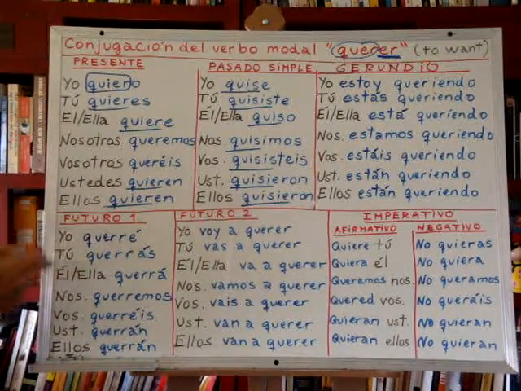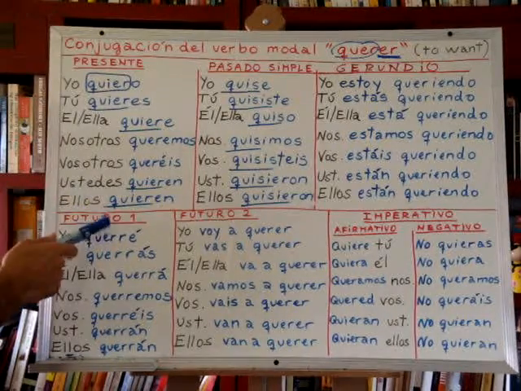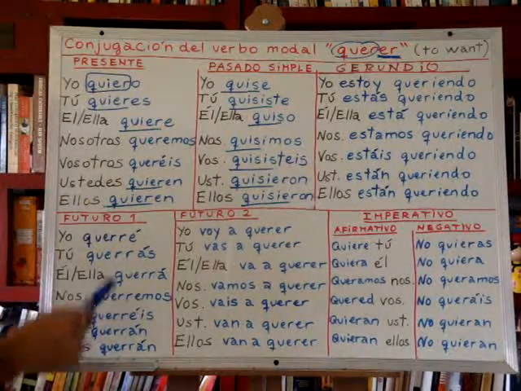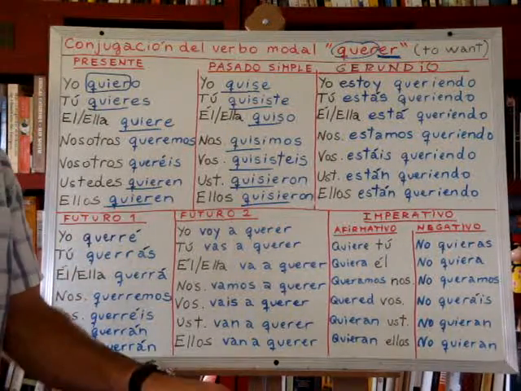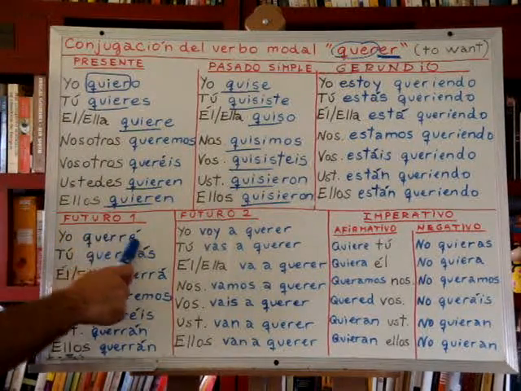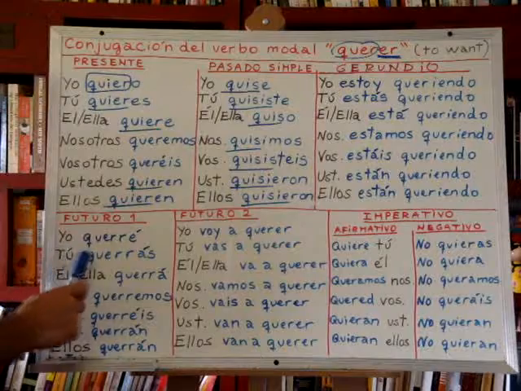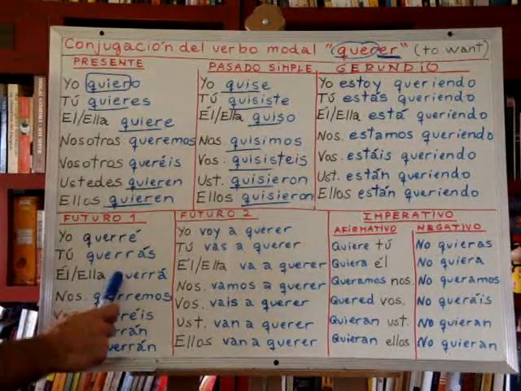And now we will see future number 1. Okay, this is a typical future tense in Spanish, right? And you will find this conjugation just called future, that's all, right? Yo querré. Tú querrás. Él or ella querrá.